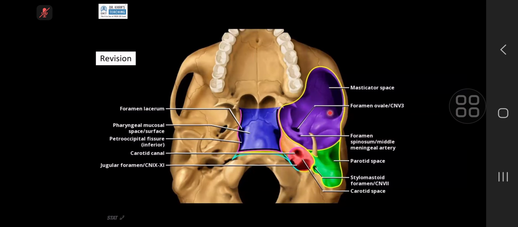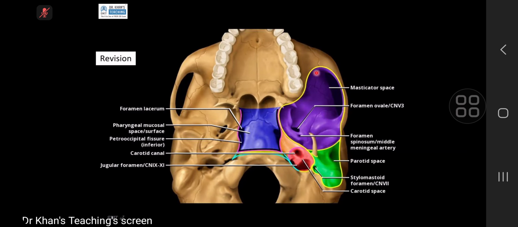These are the spaces which actually abut the base of the skull. And this concept is extremely important because any pathology sitting in that particular space can go into the cranium. Masticator space is a very important space, both for infective lesions as well as malignancy.